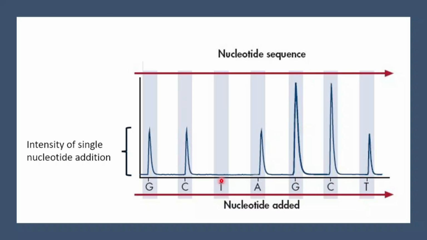There was no signal in the flow, right? So you don't see any T. Then there was 1 A. Then you get to G. This does not mean that there was only 1 G. There were 2 Gs added here because you have the first one here and the second one here. Okay? And then you have 2 Cs and 2 Ts. So this is the nucleotide added to the picotiter plate and not to the sequence. What is added to the sequence is the height of the peak at that specific time. Cool?